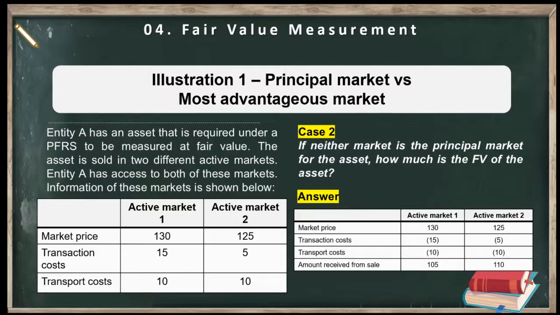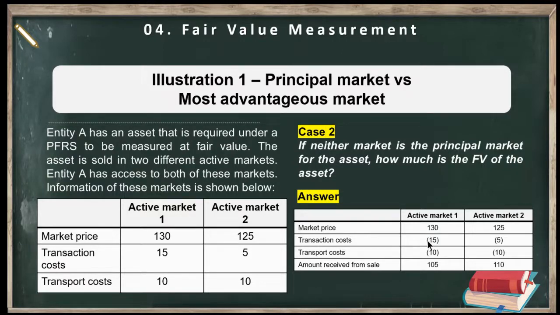Again, we will not adjust for the transaction cost when we are determining na the fair value. But for determining the most advantageous market, apilon si transaction cost. Kay kinahanglan man ta mamili sa duha. Unya ako ma-identify na si most advantageous market, saka nato kwaon or gamiton ang market price adto nga market and determine the fair value. So how do we determine the most advantageous market?